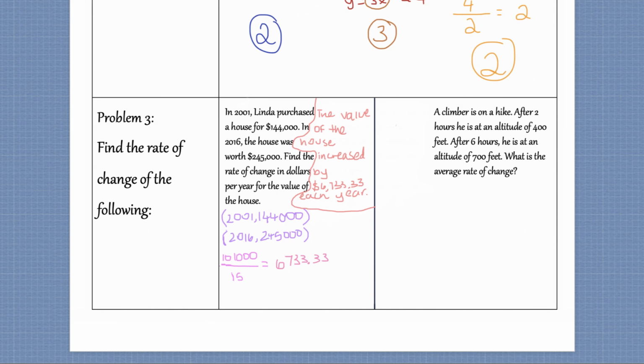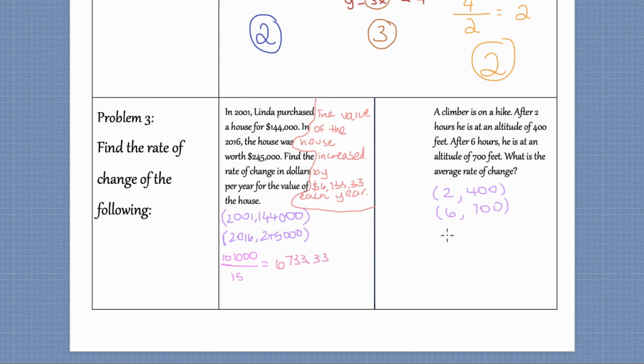So our next problem says that a climber is on a hike. After 2 hours, he is at an altitude of 400 feet, and after 6 hours, he is at an altitude of 700 feet. What is the average rate of change? So over here, remember, time is our independent variable, so that is going to be our x component. So basically, we're just going to do the same thing we did up here. So with our 2 coordinate points, we have to find the slope.